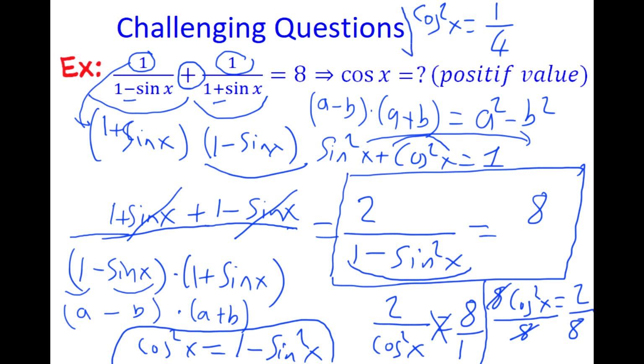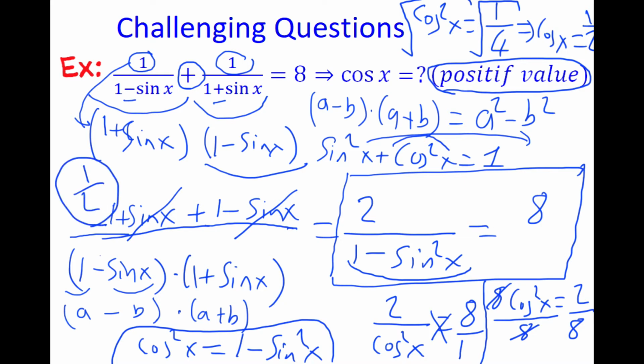If you take the square root of both sides here, in this case, cosine x is actually plus and negative 1 divided by 2, but we are asked to find its positive value, so it's gonna be plus 1 divided by 2, guys. So we can say that the answer is 1 divided by 2 in this question.